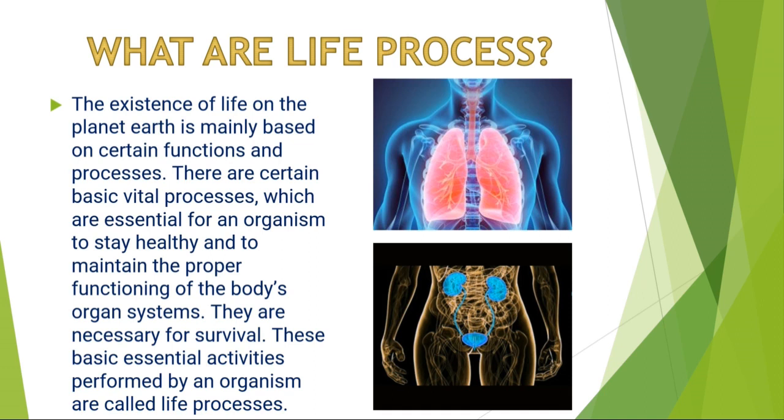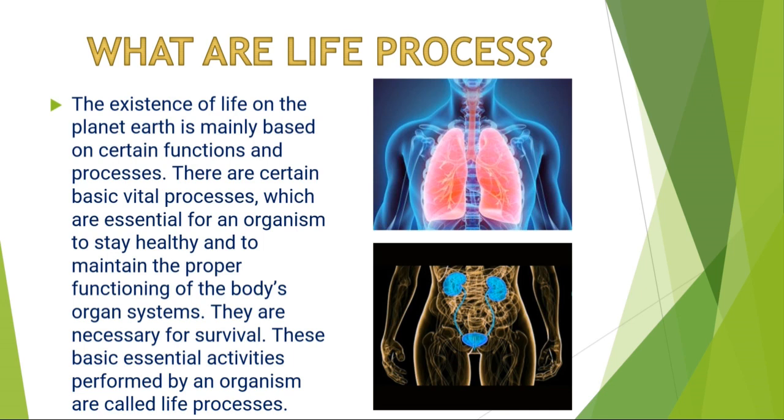The existence of life on the planet Earth is mainly based on certain functions and processes. There are certain basic vital processes which are essential for organisms to stay healthy and to maintain the proper functioning of the body's organ systems.